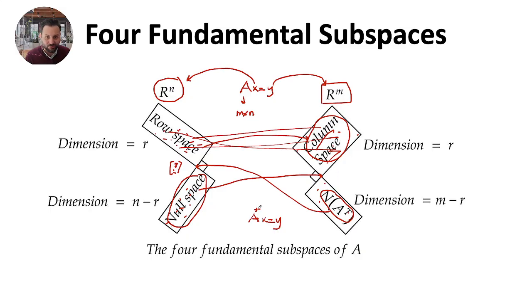Because when you do A transpose, you will have n rows in A transpose, and so that's the left null space. So those are the 4 fundamental subspaces.